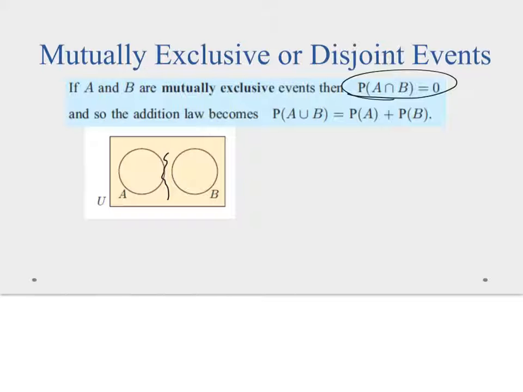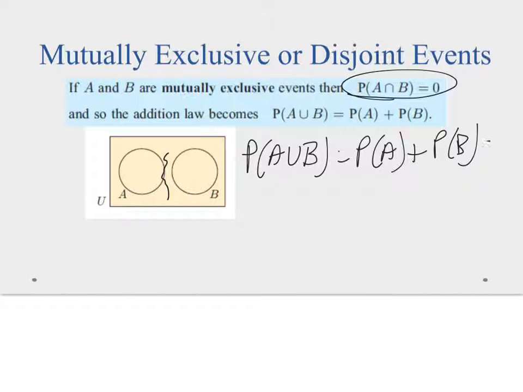So if we don't have any probability of A intersects B, then our formula that was probability of A union B equals the probability of A plus the probability of B minus the probability of A intersects B. Well, if this right here is 0, then it pretty much goes away.